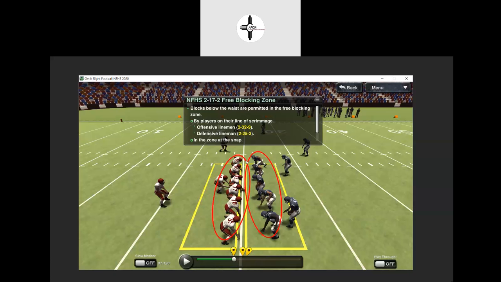There was a point in time where that was legal. Maybe about 6-7 years ago, they dropped that and just made it illegal everywhere. And for the block below the waist, it's lineman against lineman. If the defensive guys are going low too, to submarine some of these offensive guys, that's legal.